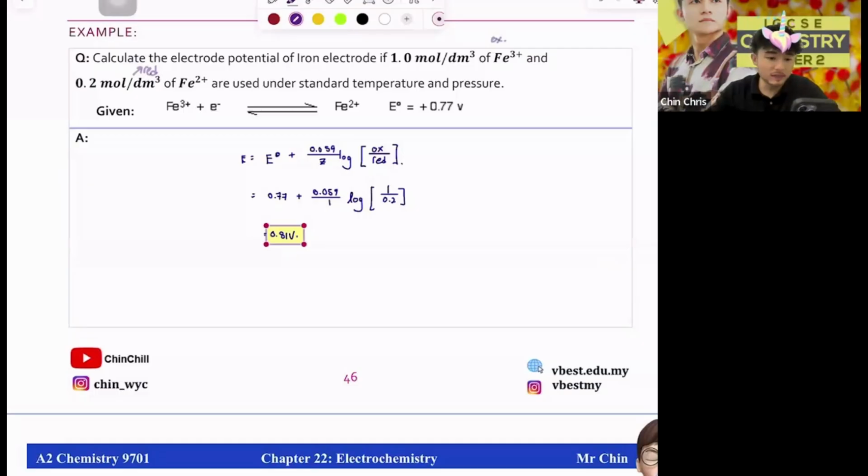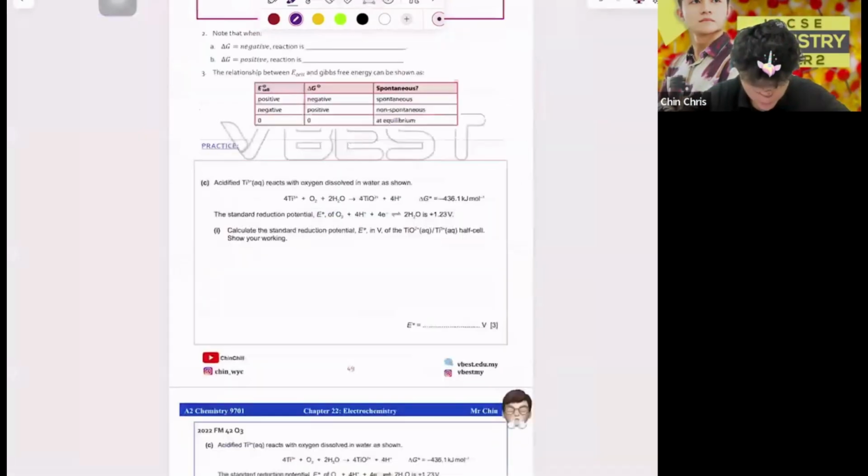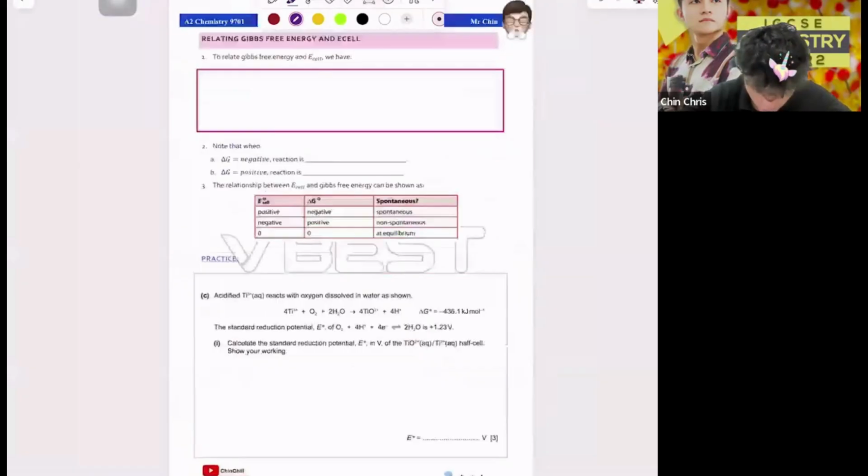All right, guys, once done, next question, please. Let's go. I think this is the last part already. It gives free energy, E-cell, additional info. So this is the total part. And guys, we are moving on to the next chapter.